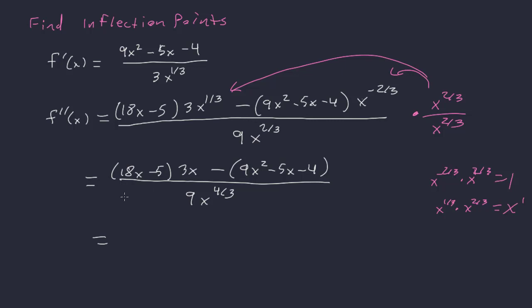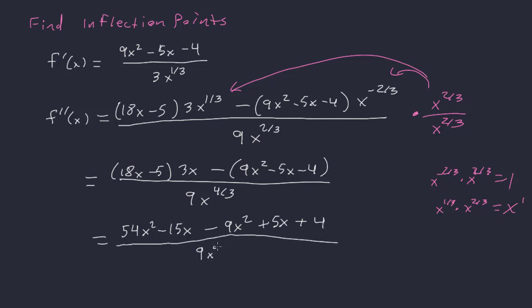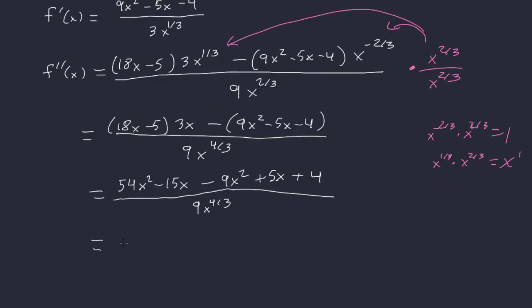All right, so the 18x times 3x will be 54x squared minus 15x, and then distributing the minus sign here, we'll get minus 9x squared plus 5x plus 4, all over still 9x to the 4/3.